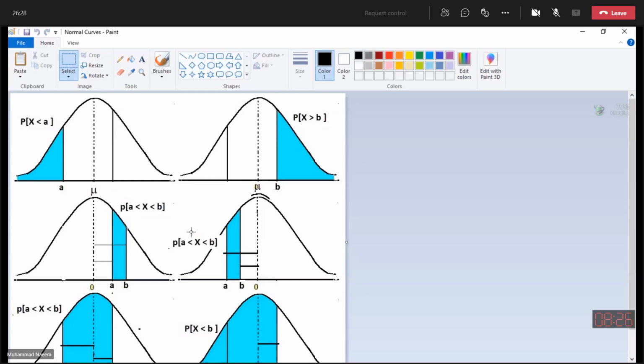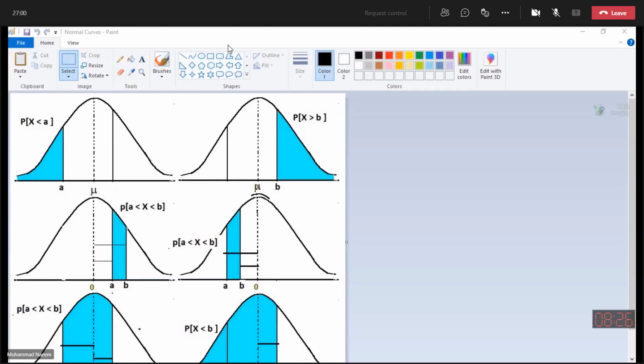So in different problems, we have different mean and variance. So for each mean and variance, we must have a different table. So this is not possible because for a particular random variable, the mean and variance is fixed.